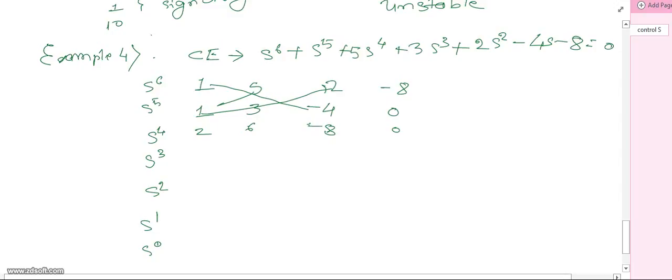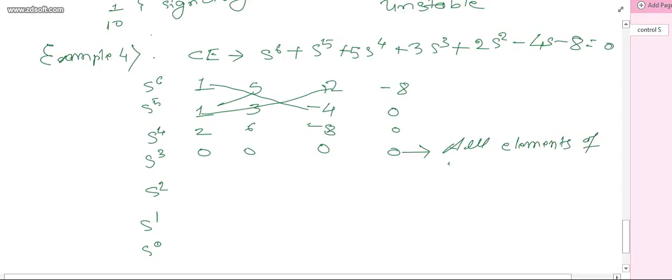Now 2 times 3 is 6 minus 6, you get 0. 4 times 2 is 8 minus 8, and you get 0, 0, 0. So you see, in the previous case only one element was 0, here all elements of the s cube row are 0. So what does that mean?